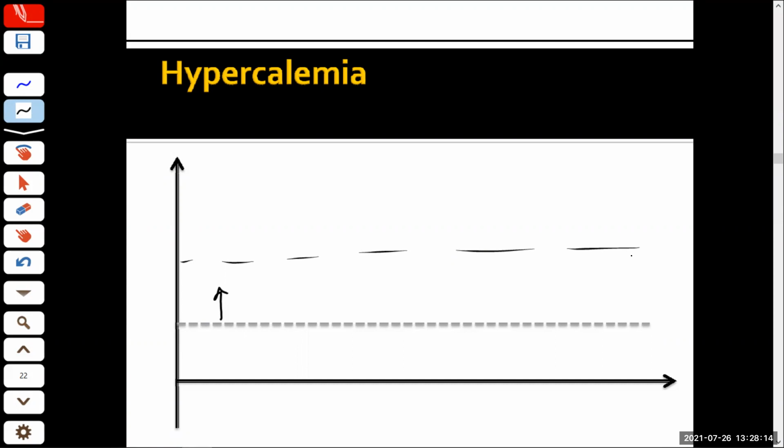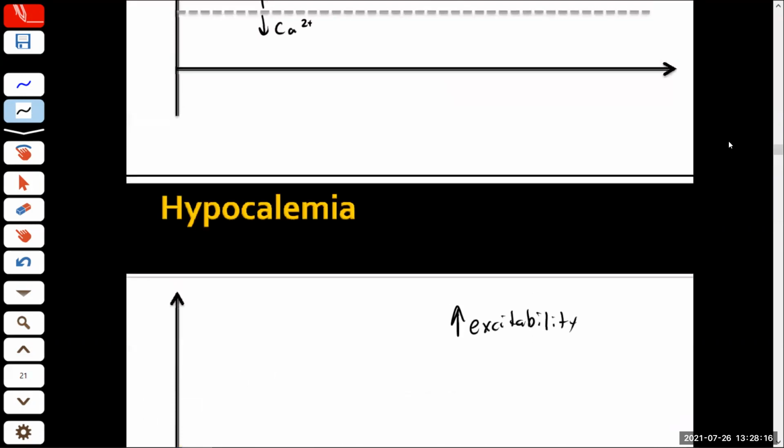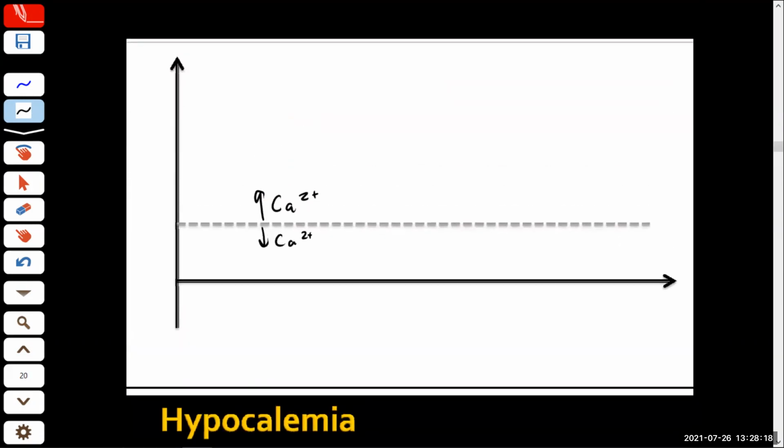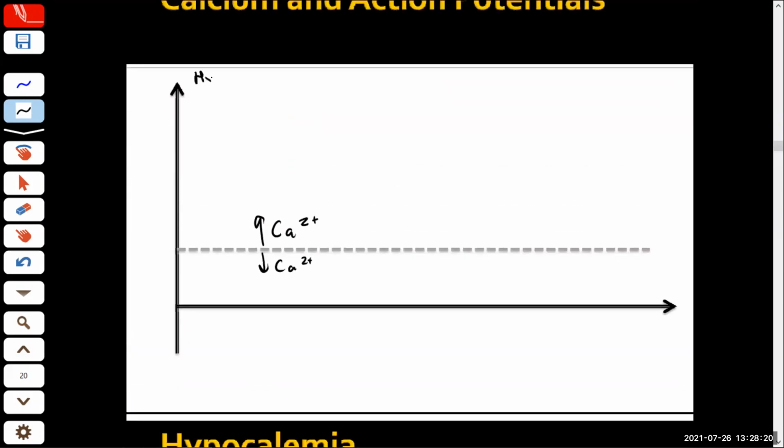So recapping here on the slide. If we have hypercalcemia, elevated calcium in the blood, what's going to happen to my threshold? It goes up, right?